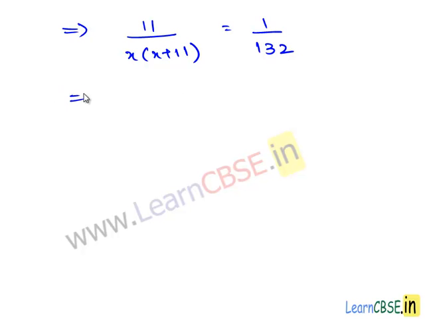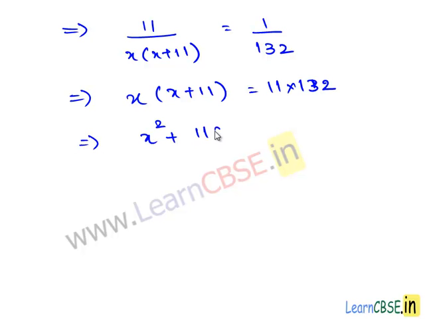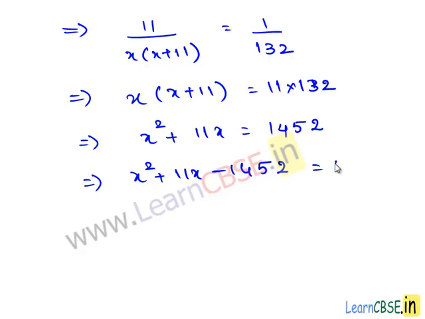On cross multiplication we have x times x plus 11 is equal to 11 times 132. So we have x squared plus 11x is equal to 1452. Now on transposing 1452 to the LHS, we have x squared plus 11x minus 1452 is equal to 0.